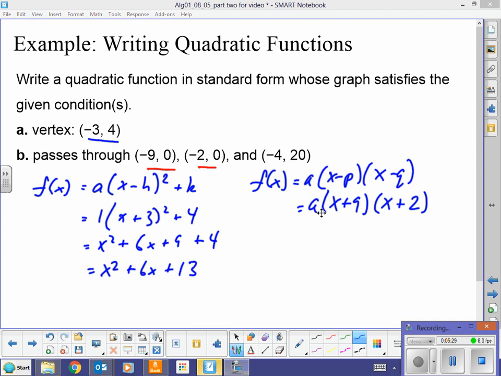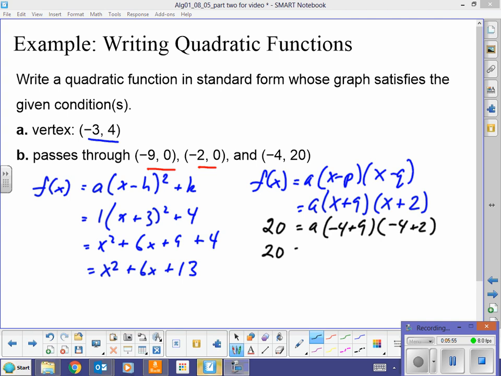So in order to find a, I'm going to use the other point here, this negative 4 and 20, and substitute it in over here to find a. So f of x, we say is 20. That's our y value, is equal to a times negative 4 plus 9 times negative 4 plus 2.